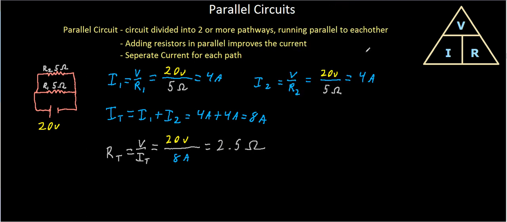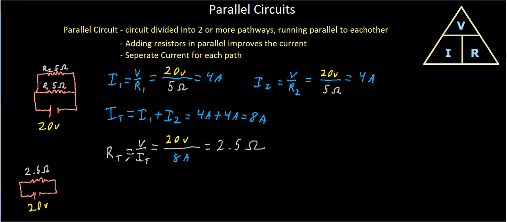And this makes sense. Giving us two pathways of the same resistance essentially cuts the resistance from 5 ohms and 5 ohms to a total resistance of 2.5 ohms. So we could even redraw this circuit to be an even simpler one. We could say that it is effectively the same as a circuit with just one resistor of 2.5 ohms. And of course, the voltage is the same in this hypothetical equivalent resistor.